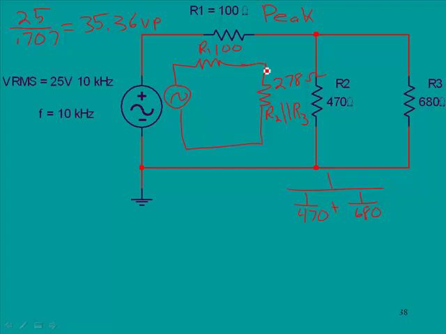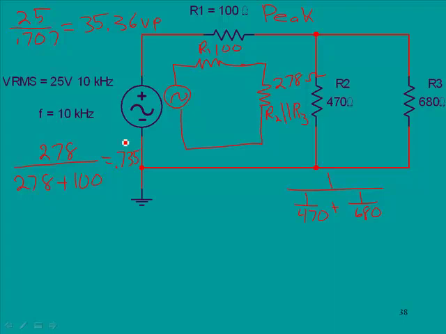Another way is to do a voltage divider, which is what I'm going to do, and we will say 278 divided by 278 plus 100. This is just doing a proportion to find out what proportion of the total resistance this will drop. And in this case, the proportion is going to be 0.735.